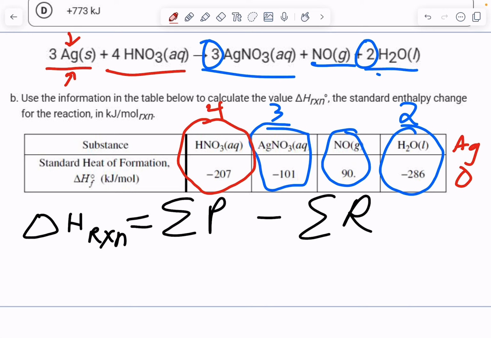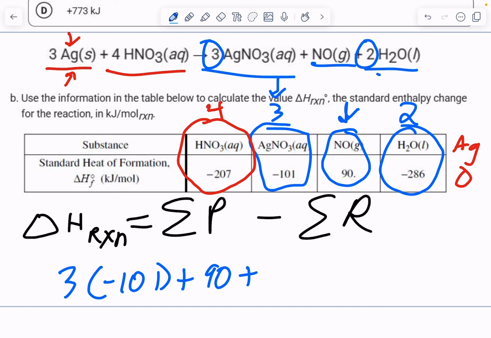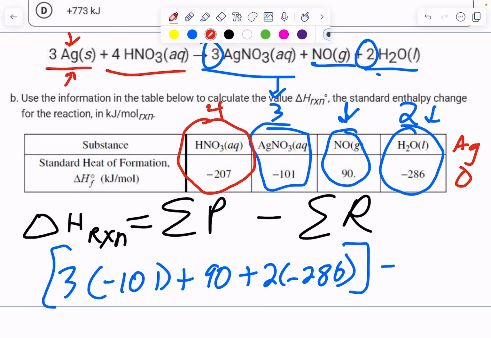So now I plug those numbers in. With my products, I add 3 times negative 101 for my AgNO3 plus 90 for my NO plus 2 times negative 286 for my water right here. And then I'm going to take that summation and subtract it from my reactants.